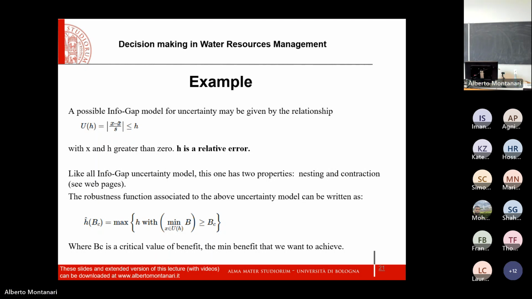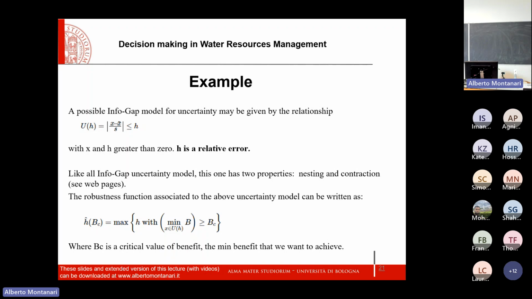So, through this definition of the relative error, we can define the robustness function. The robustness function, keep in mind, depends on a critical value of the benefit.